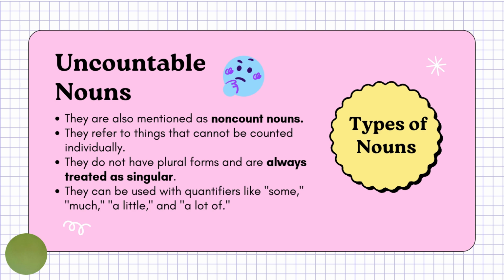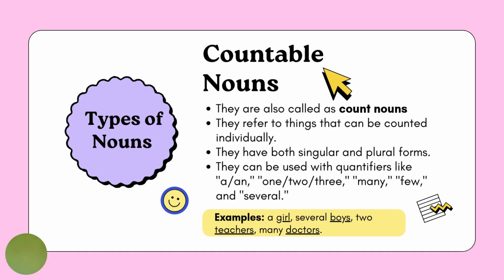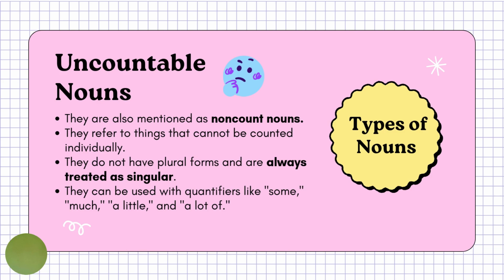They refer to things that cannot be counted individually. They do not have plural forms. Remember this one? They do not have plural forms and are always treated as singular. So an uncountable noun is always singular, while a countable noun can be singular or plural. It will depend on the quantifier.